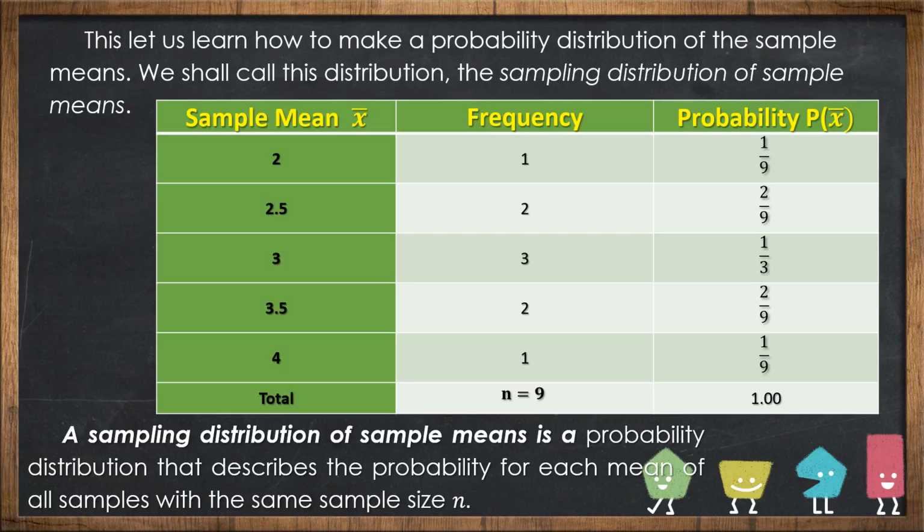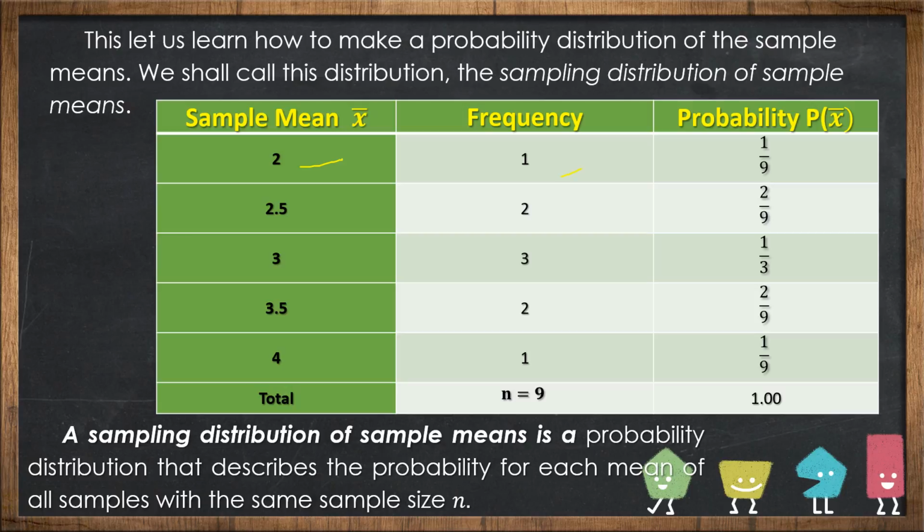Then, let us learn how to make a probability distribution of the sample means. We shall call this distribution the sampling distribution of sample means. So, as what we have here, we have the sample mean, and we have a frequency. We have 2 as a sample mean, frequency is 1.